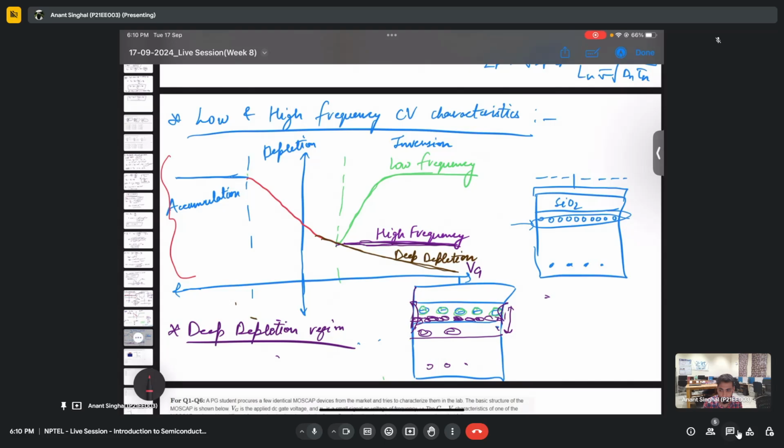So I hope this is all clear. And so can anyone tell, if I make it for a PMOS, what will change? How will it look if I make it for a PMOS? Anyone wants to maybe try?